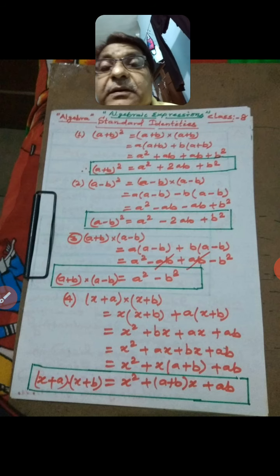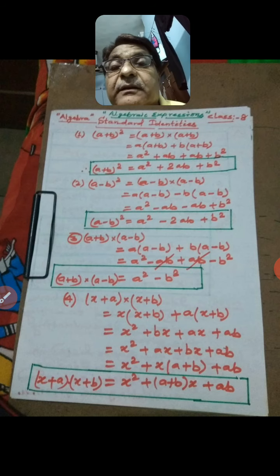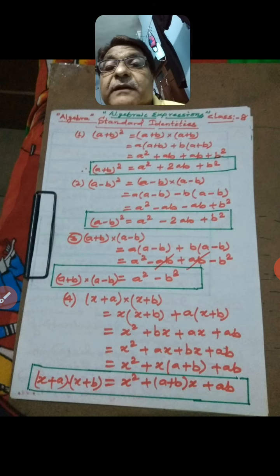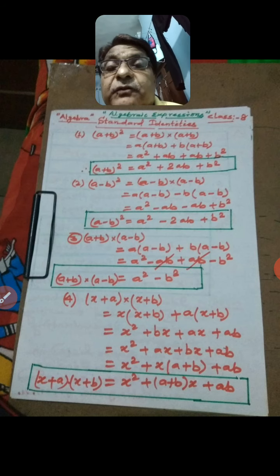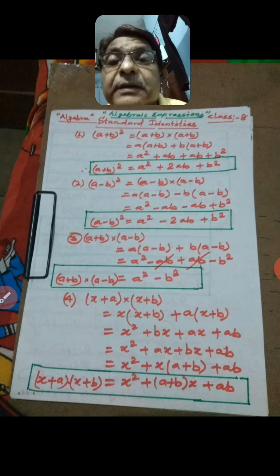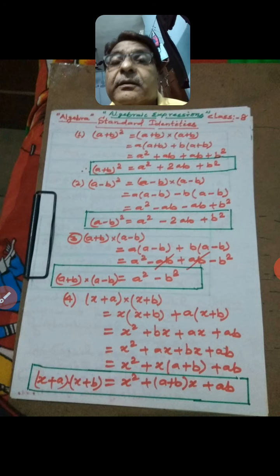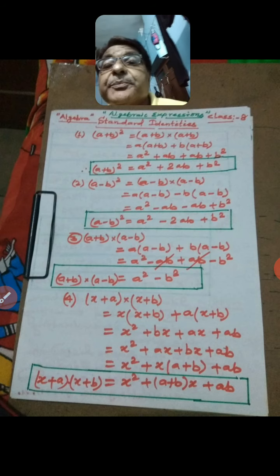You know, like terms with opposite sign cancel each other, making 0. So minus ab plus ab has been cancelled. Now the remaining terms are a square minus b square. So we can say that when a plus b is multiplied with a minus b, the result is a square minus b square.